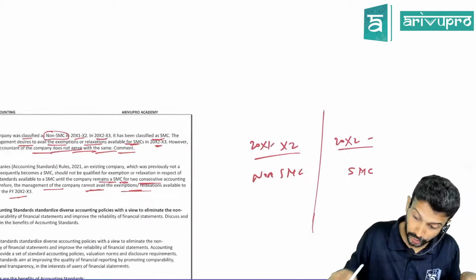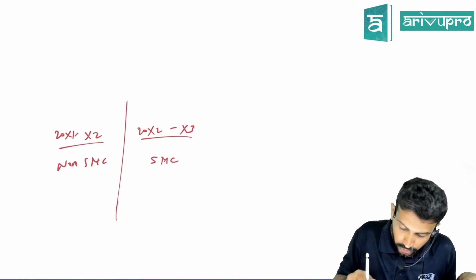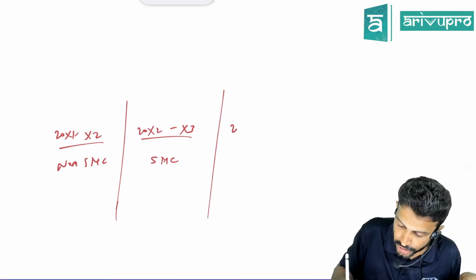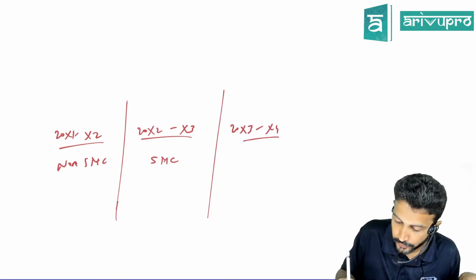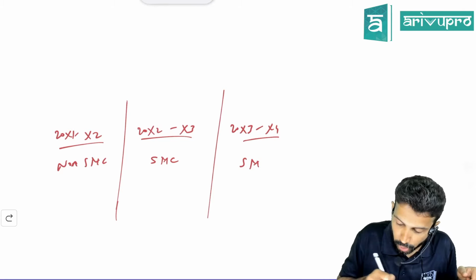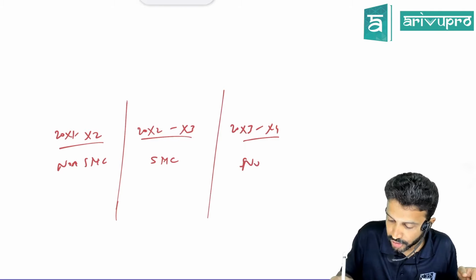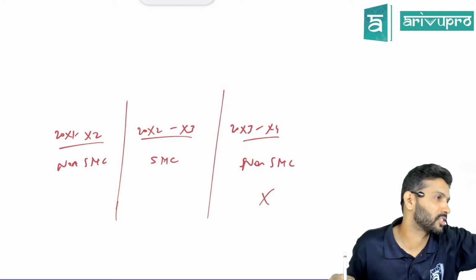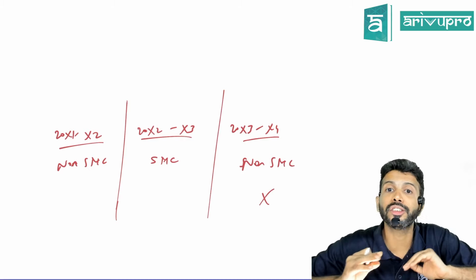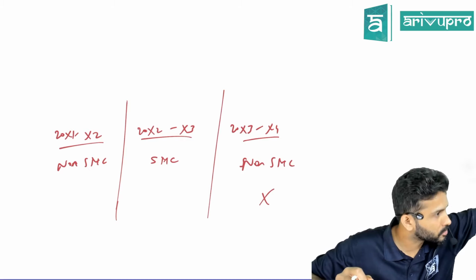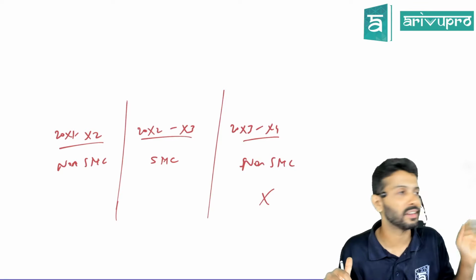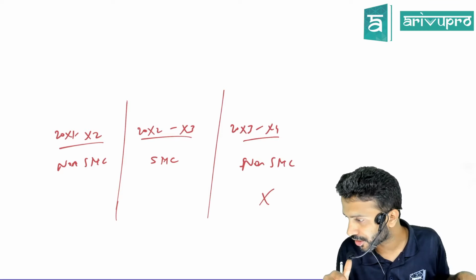One doubt is, last year not an SMC, current year SMC, so next year X3, X4, if it is still SMC, can you take exemption? Yes. Suppose you became non-SMC, then no exemption. You have to wait for 2 consecutive years, and for 2 consecutive years you have to be a SMC only. If any of the condition changes, exemption is not available to you. So there's no upgradation, this is downgradation.